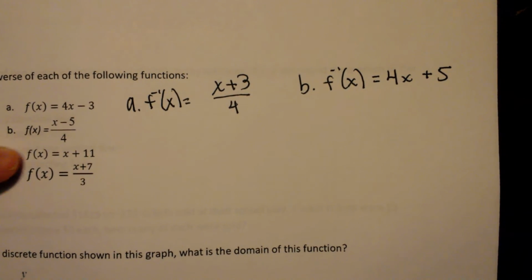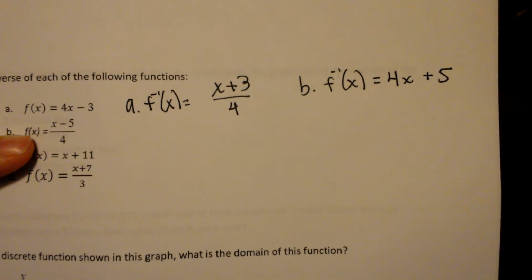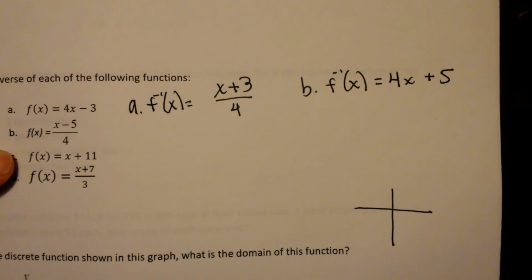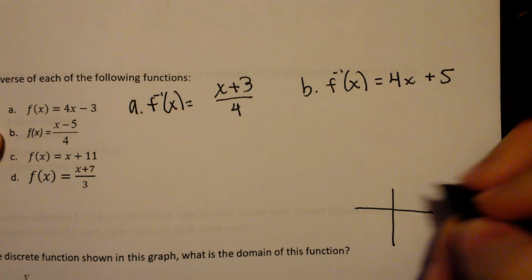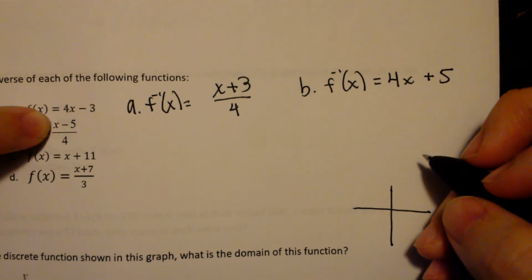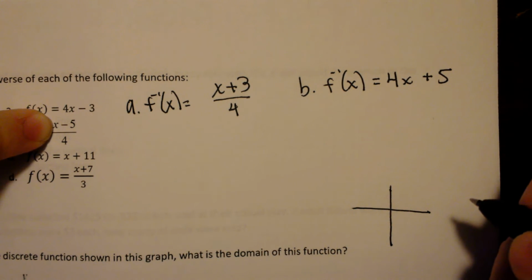So if you're still not able to look at the equation and write down the inverse, that's where you can make the table. For letter B, it might not be obvious to you. So you start with x, and you're following PEMDAS.